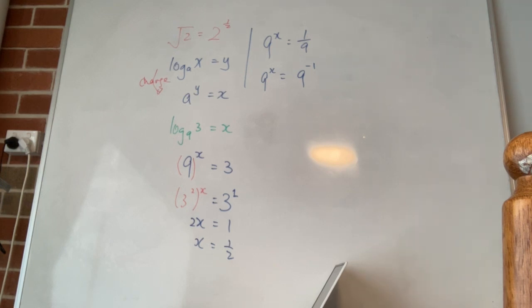On the second question, root, change it to the power of a half, the one on the top, 2 to the power of a half. And 8 you can write as 2 to the power of 3. So you have 2 to the power of 3x equal to 2 to the power of a half. That means 3x is a half.